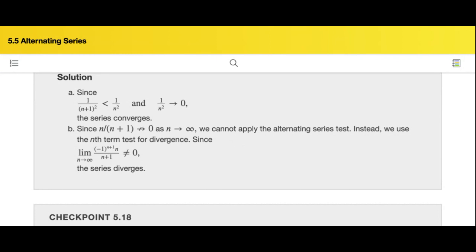Basically, as n grows bigger and bigger to infinity, the term still has some value, still not vanishing, so that adds up to infinity. So that's the divergence test. Any questions?